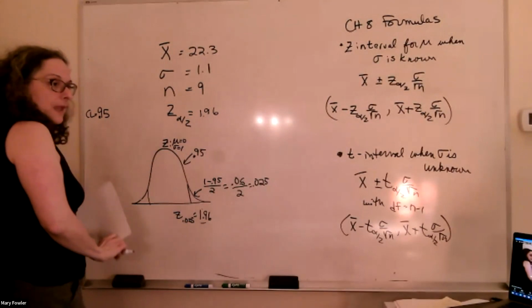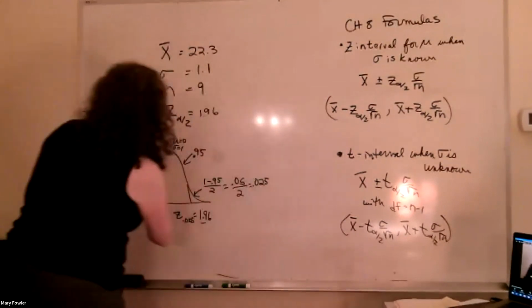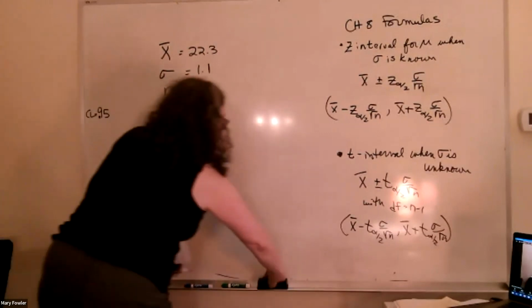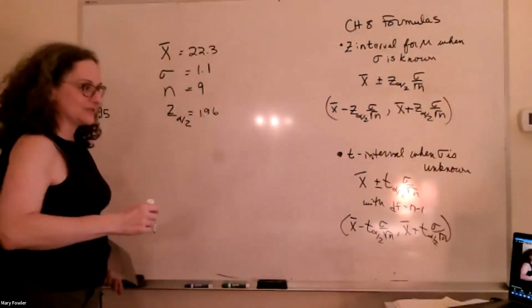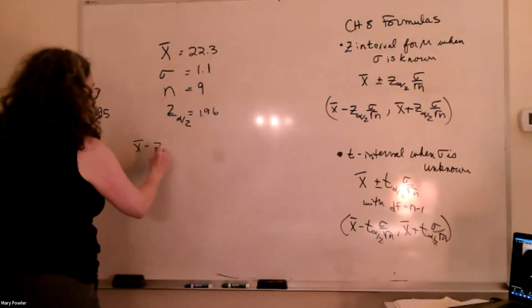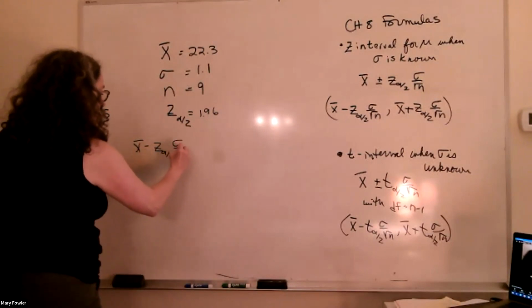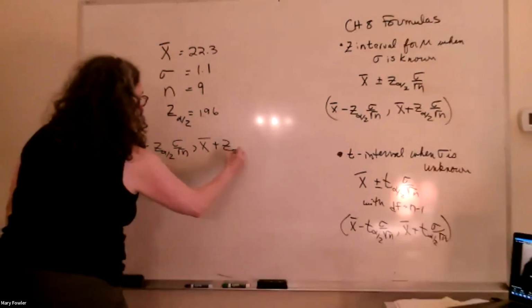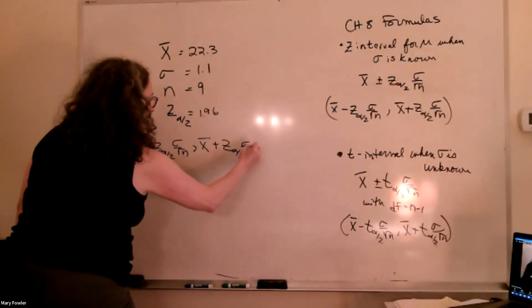Now that I have that, I want to move the calculations over here. So it's X bar minus Z sub alpha over 2 times sigma over the square root of n, to X bar plus Z sub alpha over 2 times sigma over the square root of n.